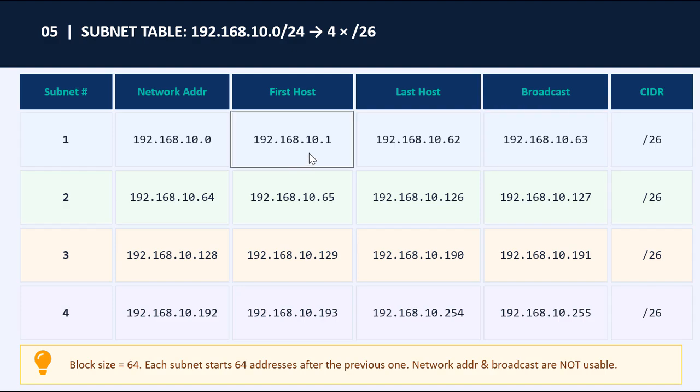So we have 62 usable hosts, that start from .1 to .62. Similarly, in the second subnet, we have .64 to .127, and both of these cannot be used as hosts. So .65 is the first host, and .126 is the last host, and so on.